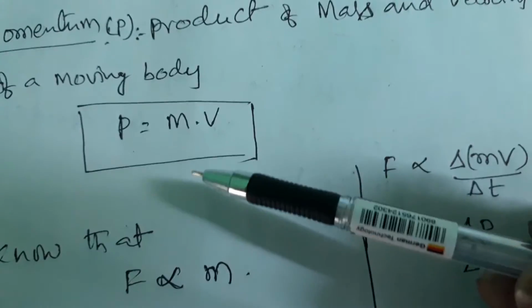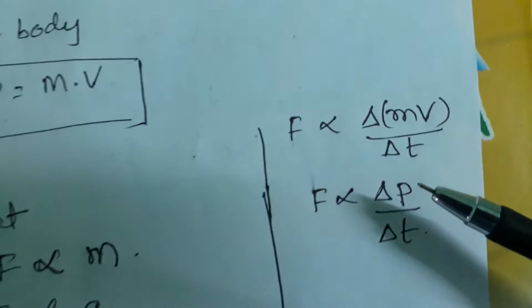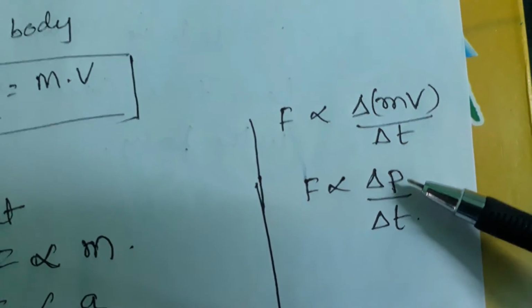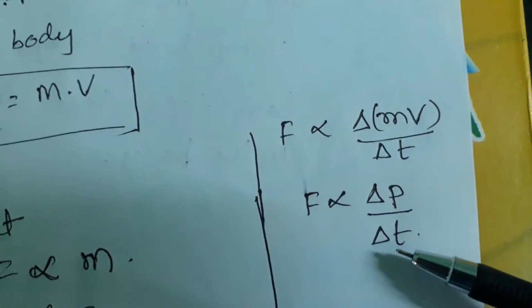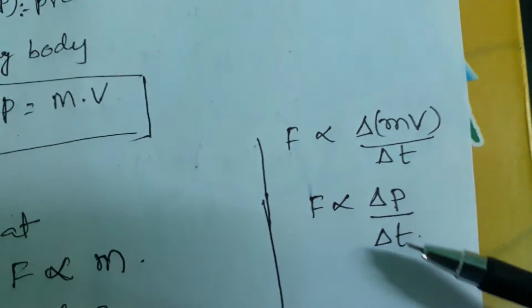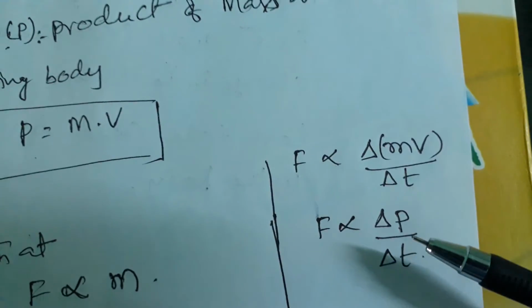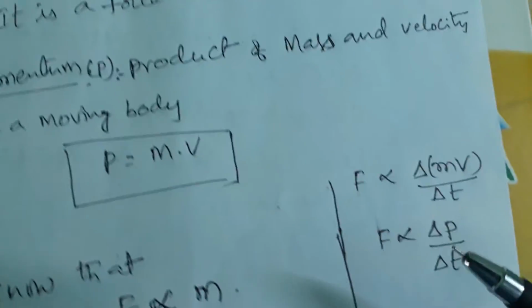Here mass into velocity is nothing but momentum p. So in place of mass into velocity we can write the momentum of the body. Change of momentum by change of time means rate of change of momentum. So F is proportional to the rate of change of momentum. Momentum is the force stored in a moving body.